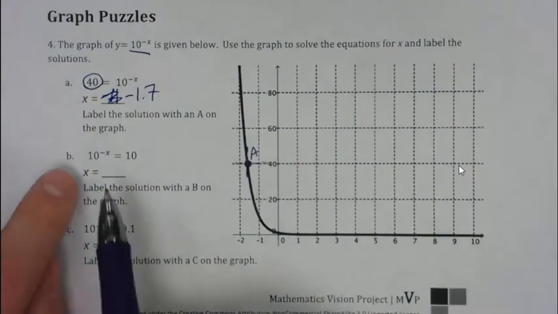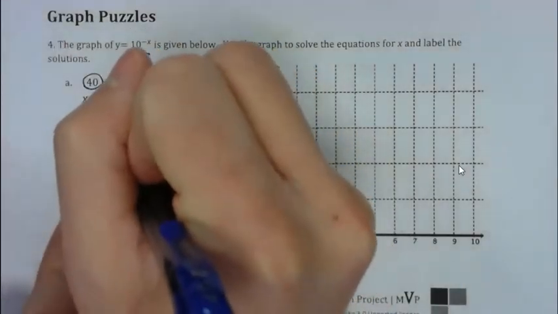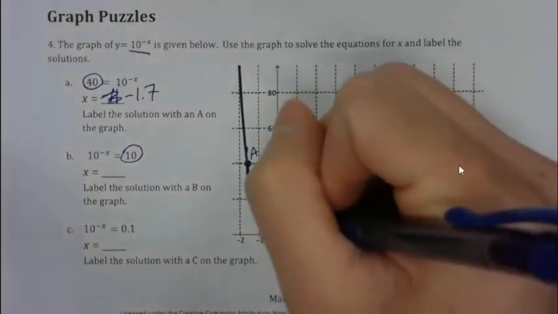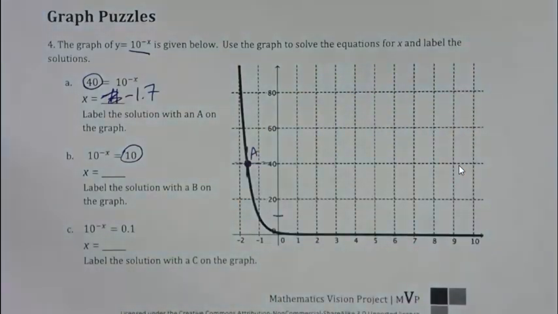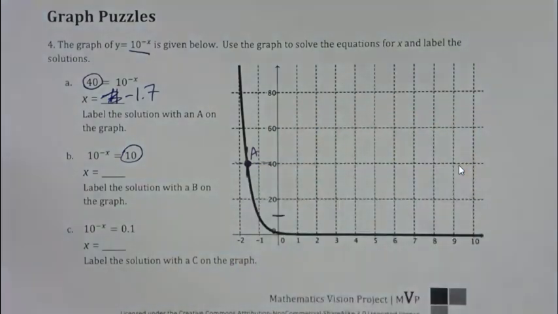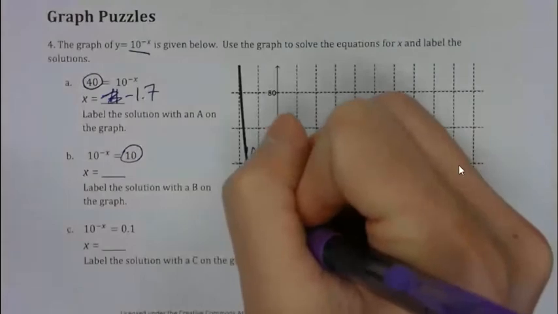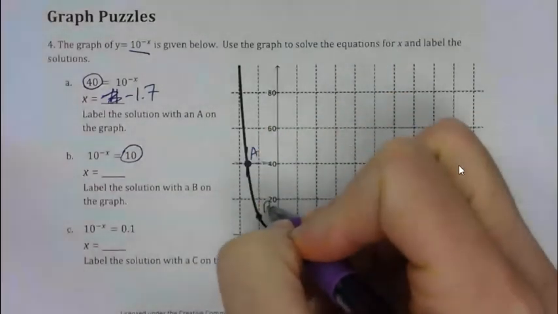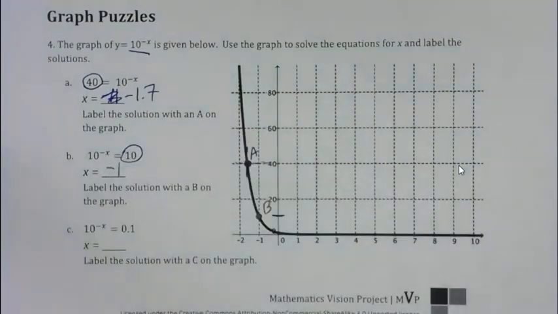So now our y here is 10. Now 10 would be about here. Let me move to a different color, purple. So for b, that's 10 right there. So it looks like we're at about negative 1 for the x value that we're looking for at point b. So we have negative 1 as an answer.